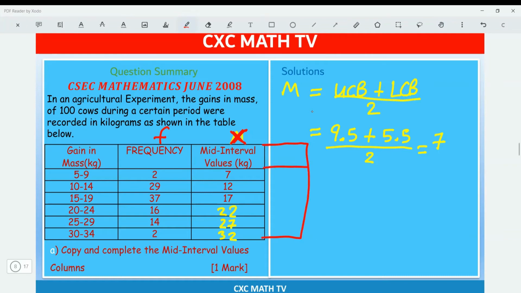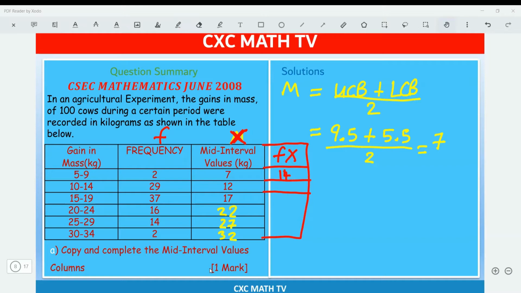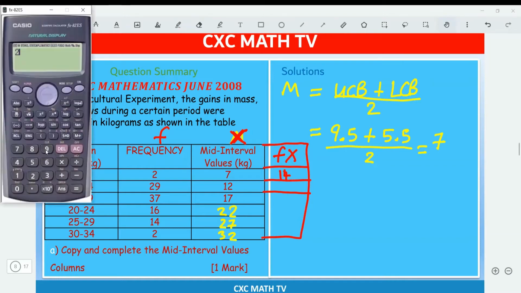F times X. So we go 2 times 7, that's 14. 29 times 12, I don't know mentally, but I'm going to take out the calculator. 29 times 12, that is 348.